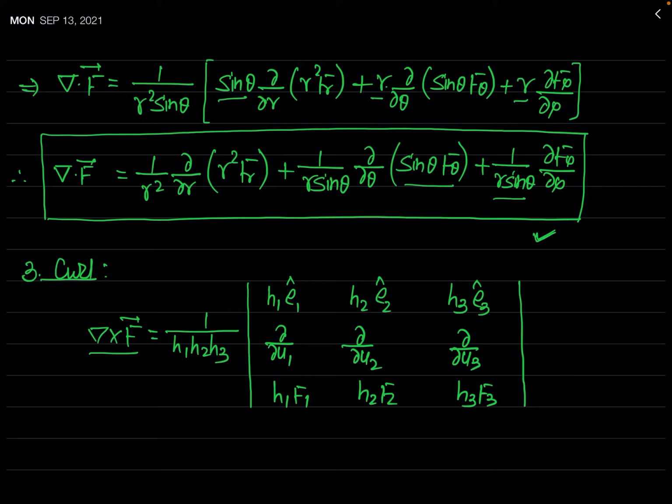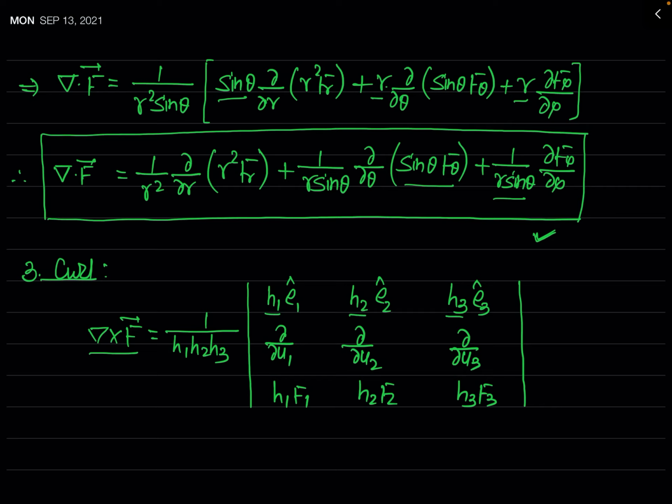Now if you want to find the expression for the curl of a vector field f in particularly the spherical polar coordinate system, what will you do? You can easily say we will simply substitute the values of h1, h2, and h3 which we have obtained. Can you say what is the value of h1? I hope you now definitely have the values of h1, h2, h3 in your mind. h1 is equal to 1, h2 is r, and h3 is what? This is r sine theta.